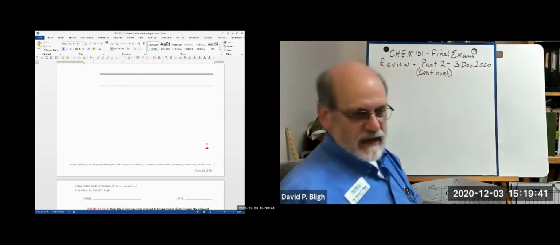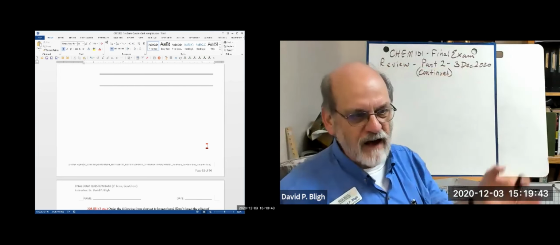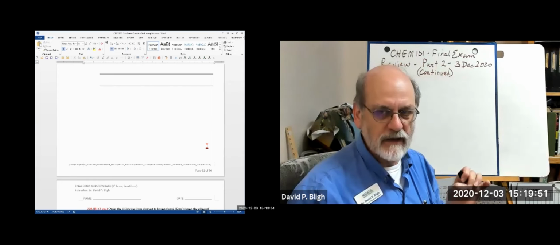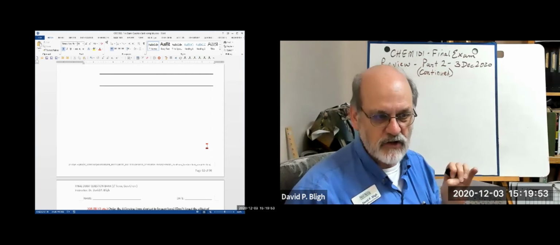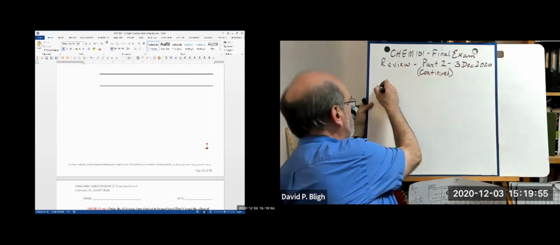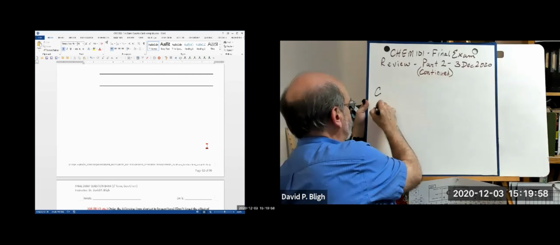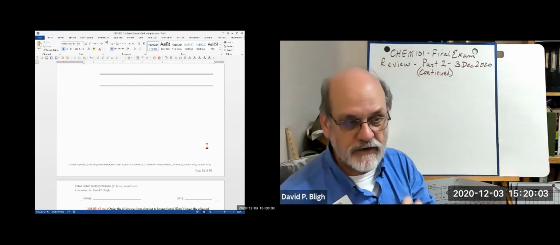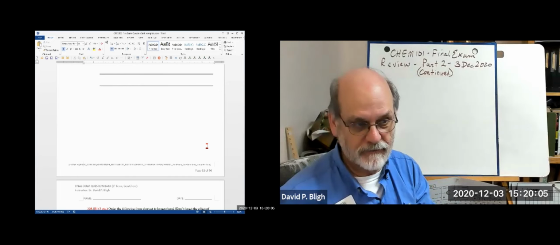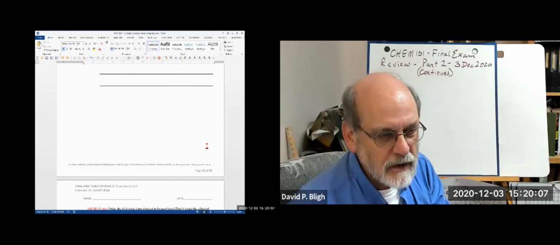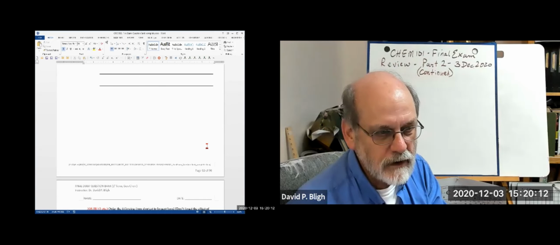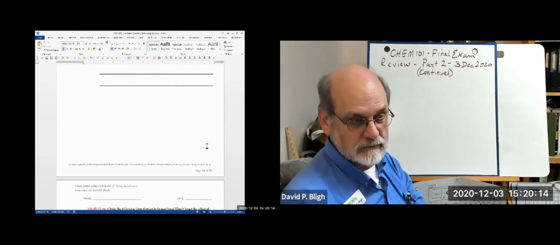Okay. Here's the thing. I'm going to leave out the fluff. The compound contains only carbon, hydrogen, and oxygen. Okay, those three elements. And here's the analytical data for the compound. We have 2.78 grams is the total mass.